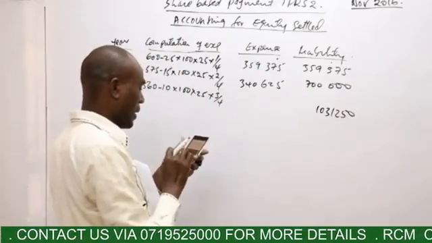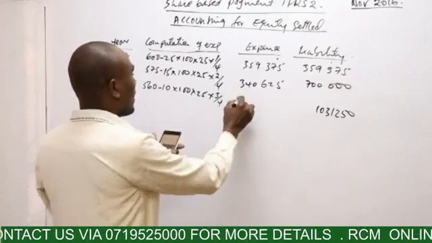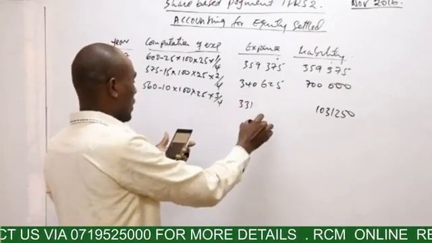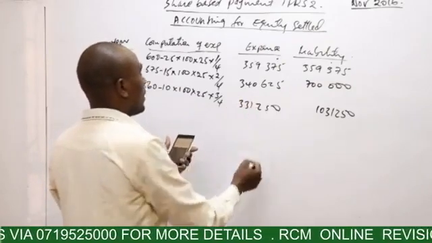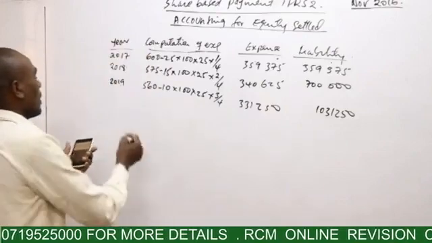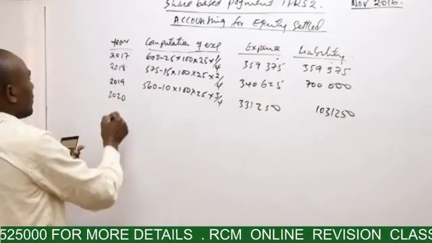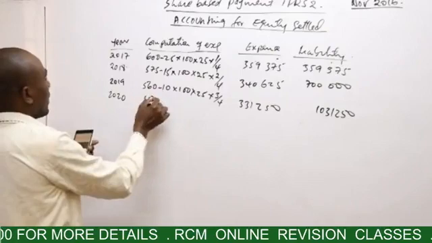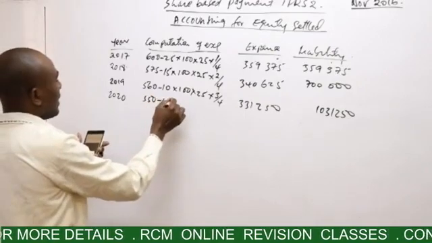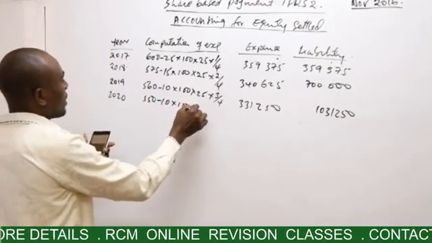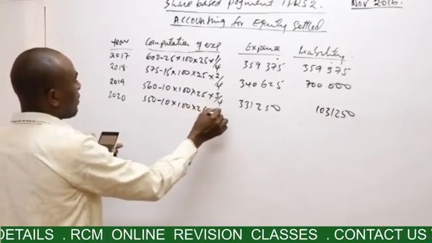Minus 700. It is 331,250. Then in year 2020, we have 550 employees minus 10 times 100 options times 25 times 4/4.